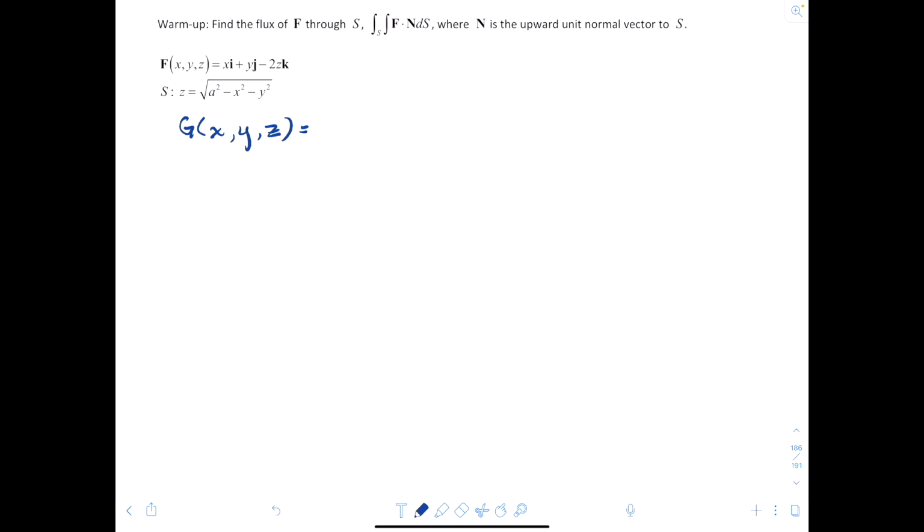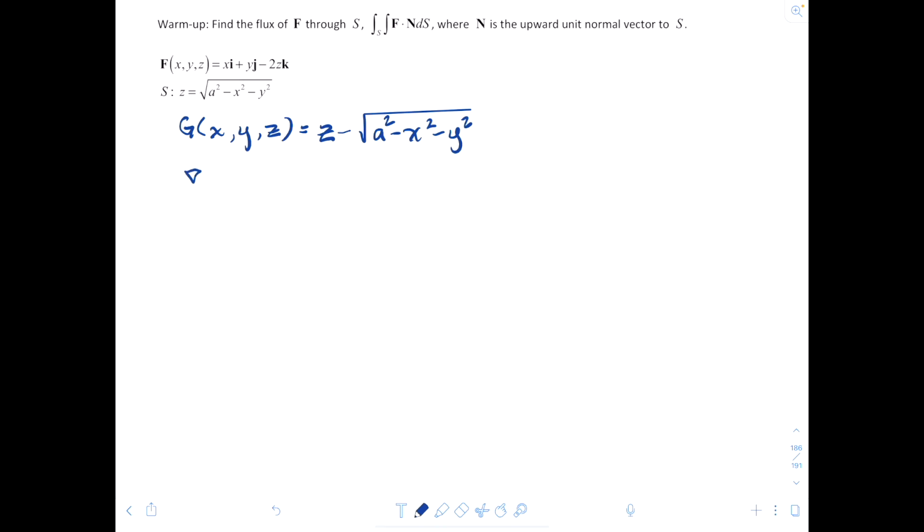And remember g of x, y, and z is equal to 0 for purposes of finding our gradient. So let's go ahead and rewrite this as z minus the square root of a squared minus x squared minus y squared.